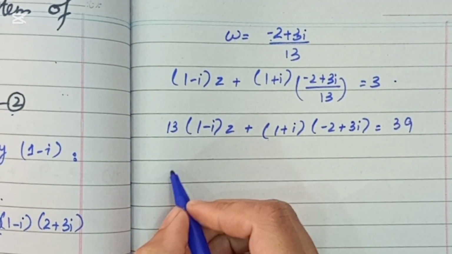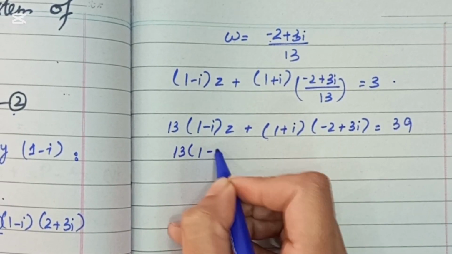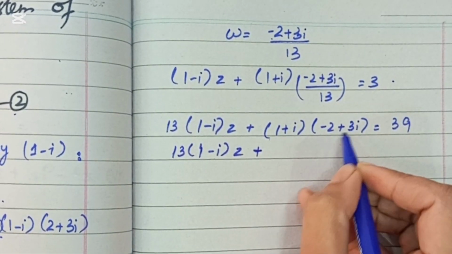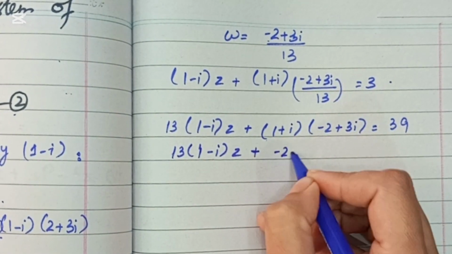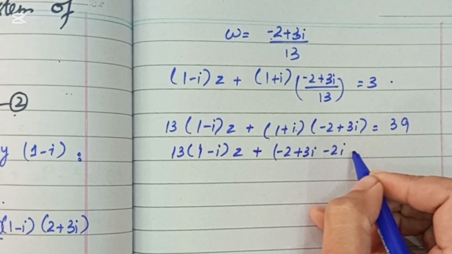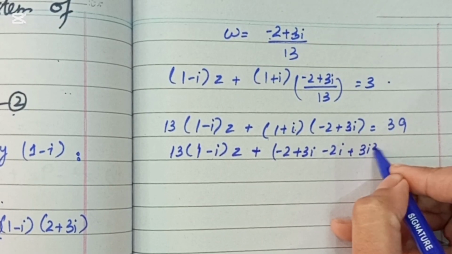So now multiply this 13 with, or leave it the way it is. We'll multiply it later. 1 into this is minus 2 plus 3 iota, and iota into this is 2 iota, and then iota into 3 iota is 3 iota square.